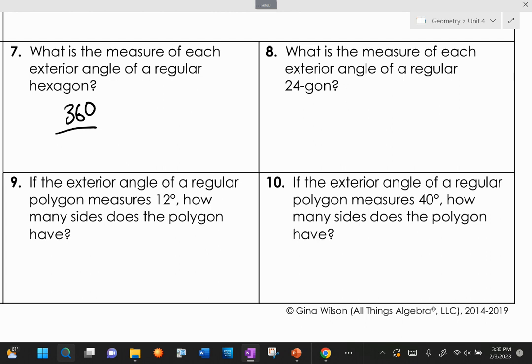Why am I doing 360? Because that's the sum of the measure of the exterior angles. The top number doesn't matter what the shape is. It's 360 always. So you're starting at 360, and you're dividing it by the number of sides. So 360 divided by 6 will come out to 60 degrees.